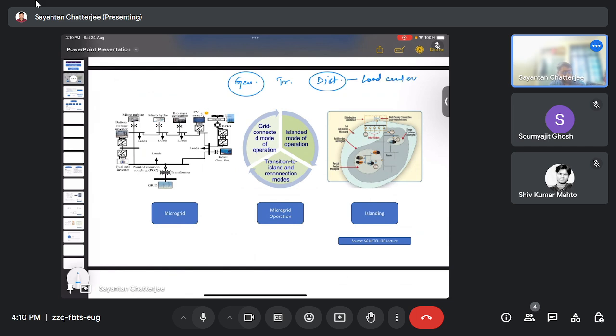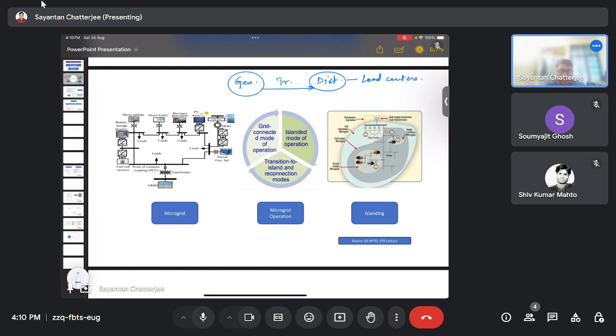The entire generation that is being done needs to be delivered. So our major aim is to have an in-between transmission line to carry the entire power being generated to the distribution side, where it gets distributed to the load centers.